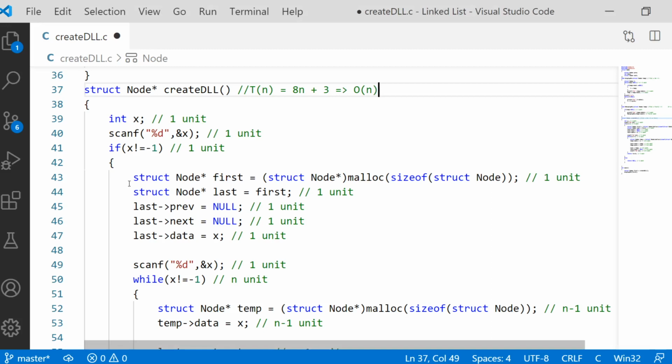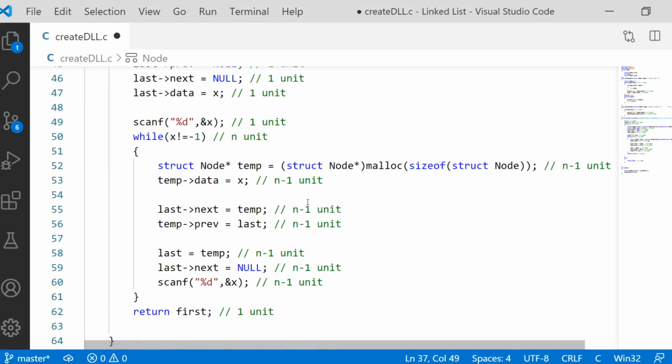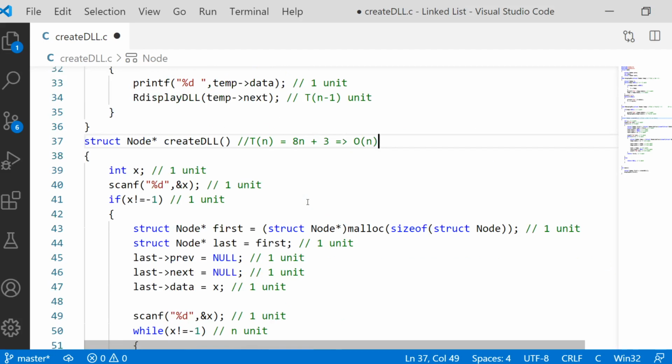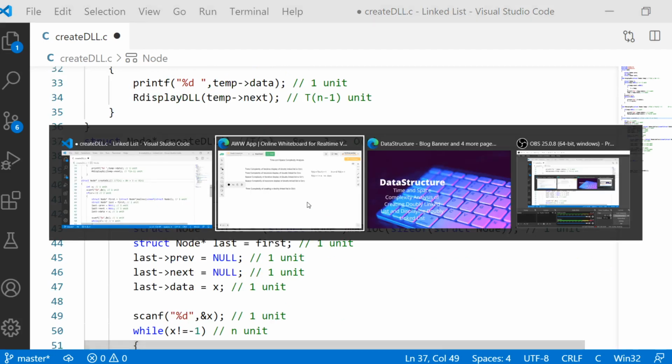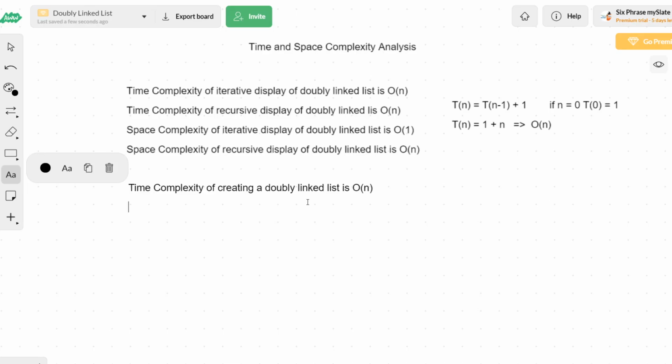What is the extra space that we have taken? One is a variable x, next is first, and then last. Only 3 memory blocks we have taken, so on the whole only 3 units of space will be taken. 3 units of space is constant space, which will not change with respect to input change.